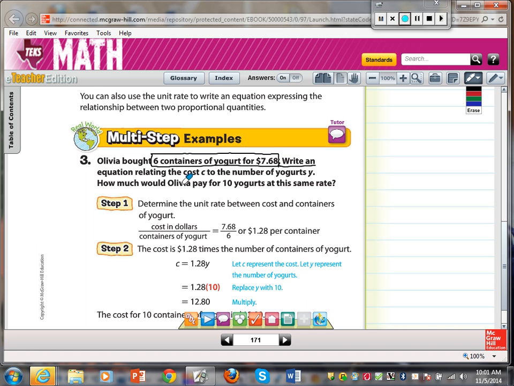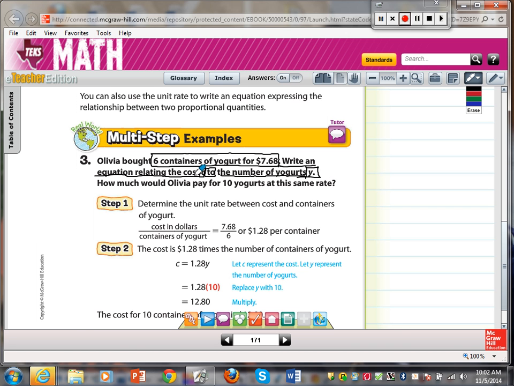Write an equation relating the cost C to the number of yogurts Y. So already right here, you need to understand now, instead of writing big numbers in mathematics, we try to compress everything to the least possible thing we can do.